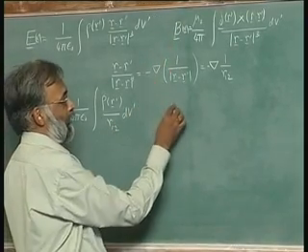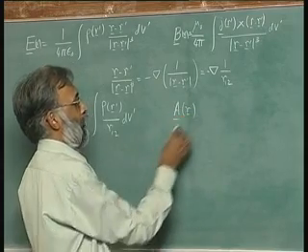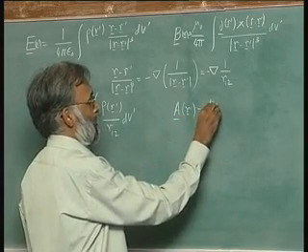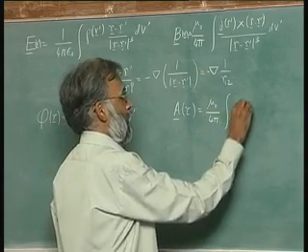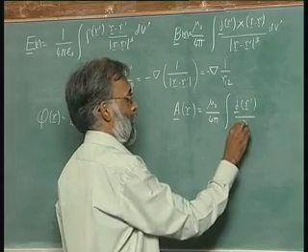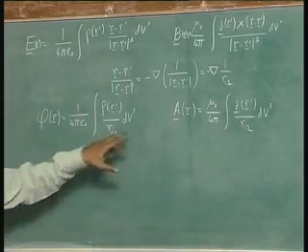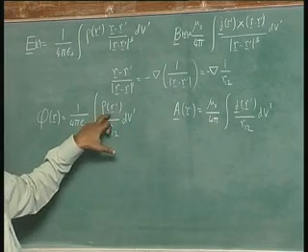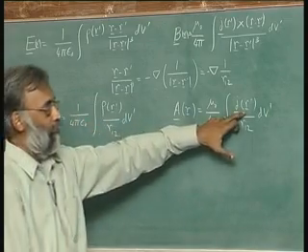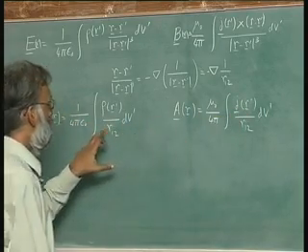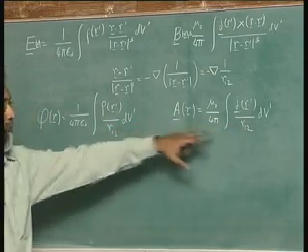For the magnetic field, we defined a vector potential A of r, which was equal to mu naught over 4 pi volume integral j of r prime divided by r 1 2 dv prime. Symmetry is there again. The scalar source creates the scalar potential, the vector source creates the vector potential. Both of them are connected through the r 1 2 field.